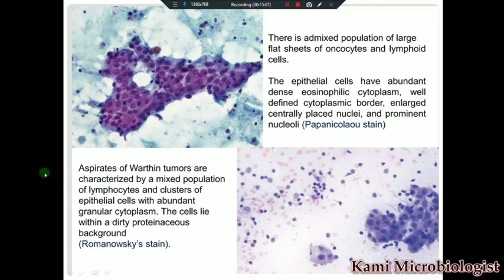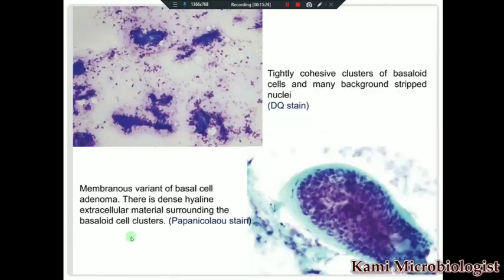The next picture is showing an aspirate of Warthin tumor, characterized by a mixed population of lymphocytes and clusters of epithelial cells with abundant granular cytoplasm. The cells lie within a dirty proteinaceous background. This is also the Romanowsky stain.